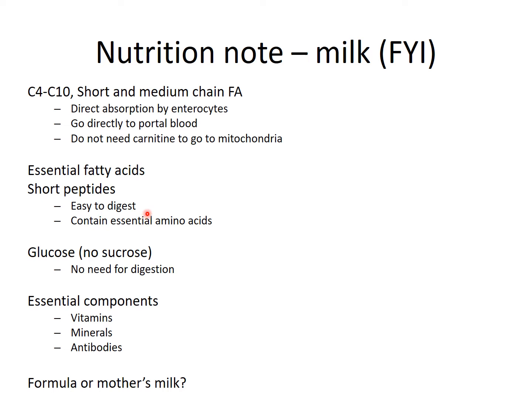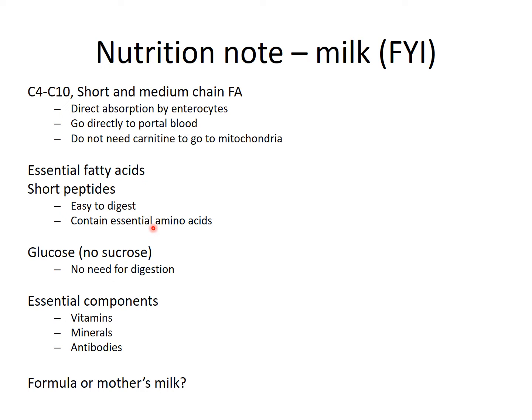There are short peptides. There are no long proteins that need to go through a long digestive process in the small intestine of the baby, but these are short peptides that can be easily digested by the surface peptidases of the mucosal cells.